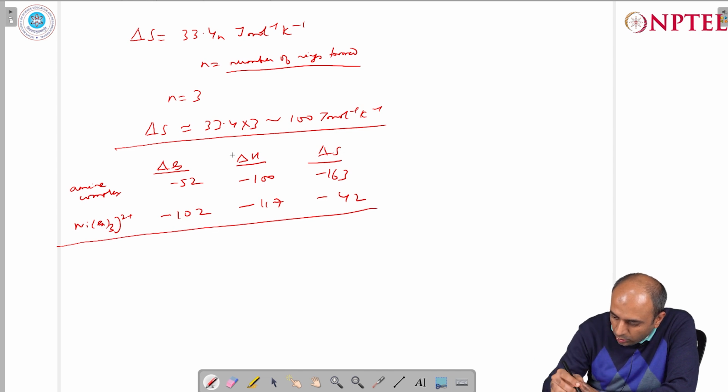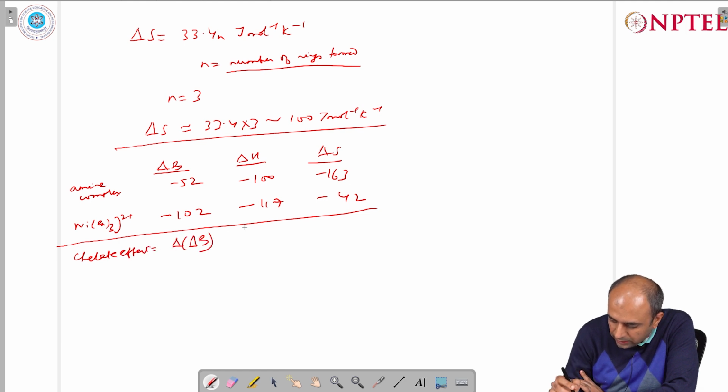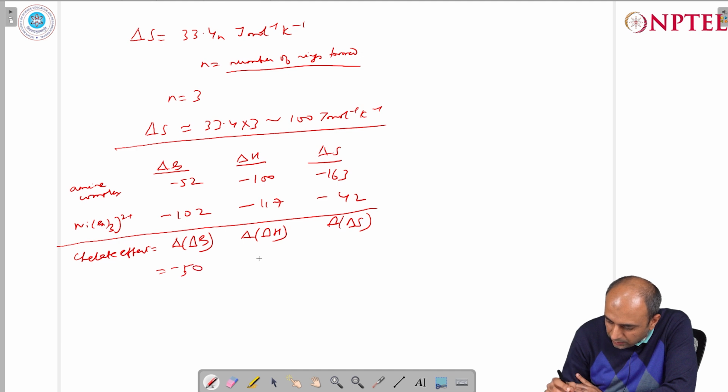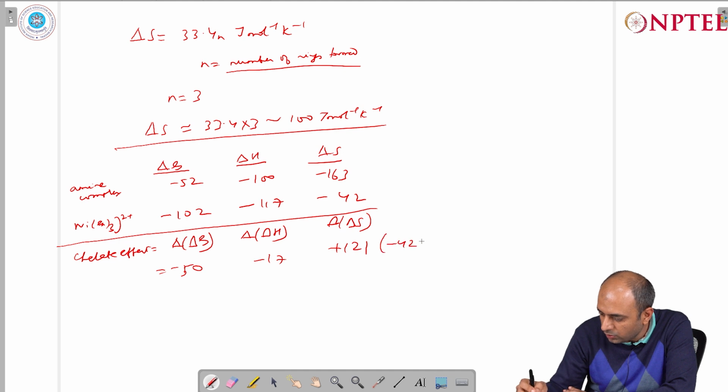So, you can see that if you were to now look at the Chelate effect, you can actually quantify the Chelate effect, that is the change in delta G, change in delta H, and change in delta S. So, this is around minus 50, this is around minus 17, and this is plus 121, that is minus 42, minus of minus 163. So, you see this is around plus 121.